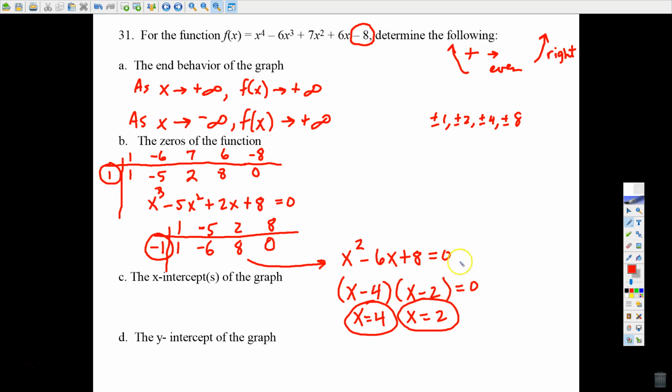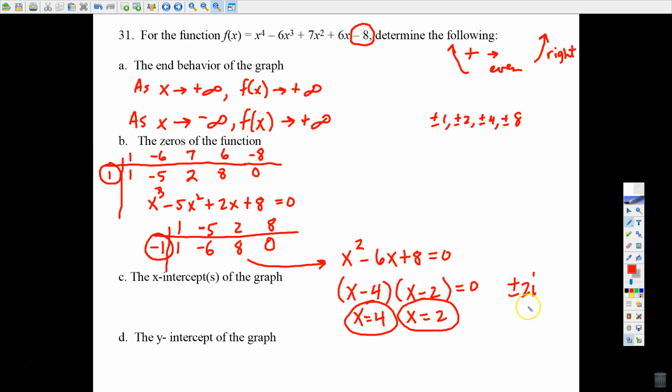So for example, if we got down to here and either one of these or maybe both of these were not real, maybe we got down to the end and we got something like plus minus 2i, then I only have 2 x-intercepts in that case, because the imaginary numbers do not count as x-intercepts.